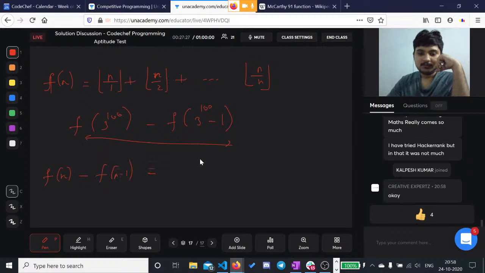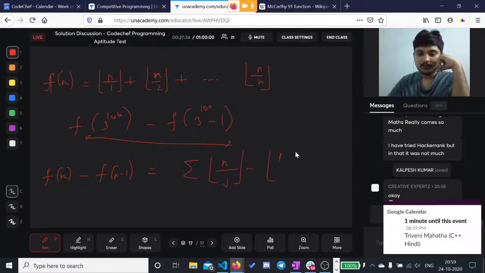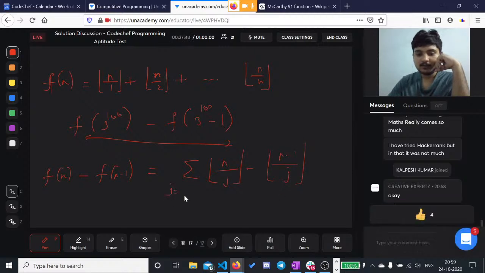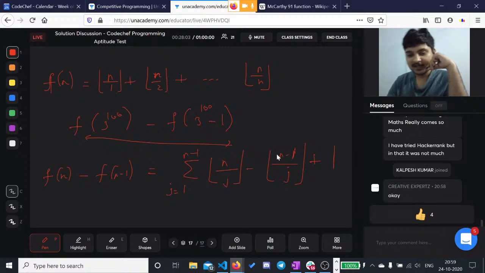So that is summation of n by j minus n minus 1 by j, running from 1 to n minus 1, plus 1. This is n by n. What I've done here is just rewritten this in this form. Is this okay for everybody? I assume this is okay for everybody.